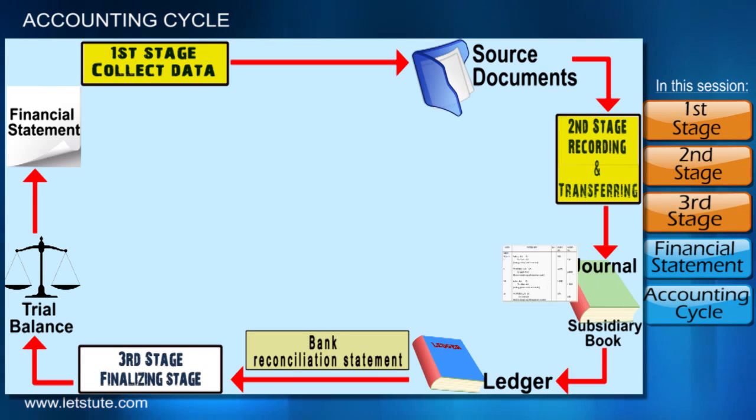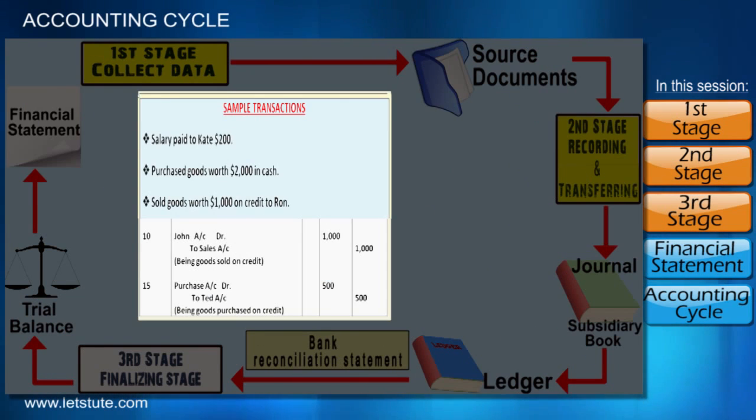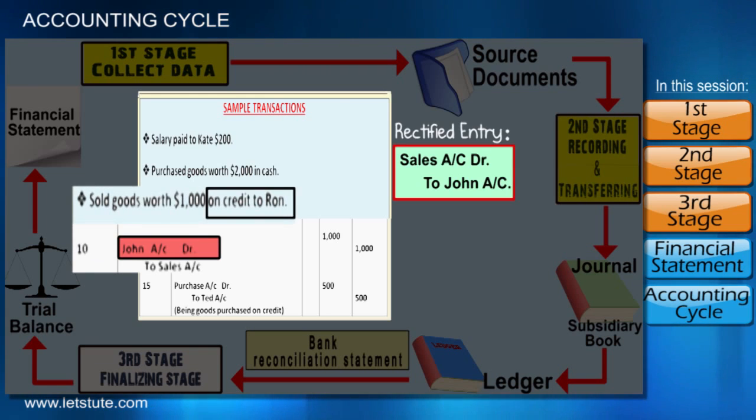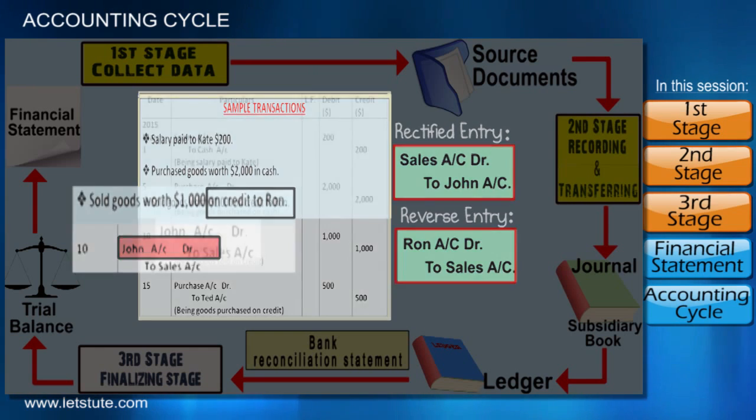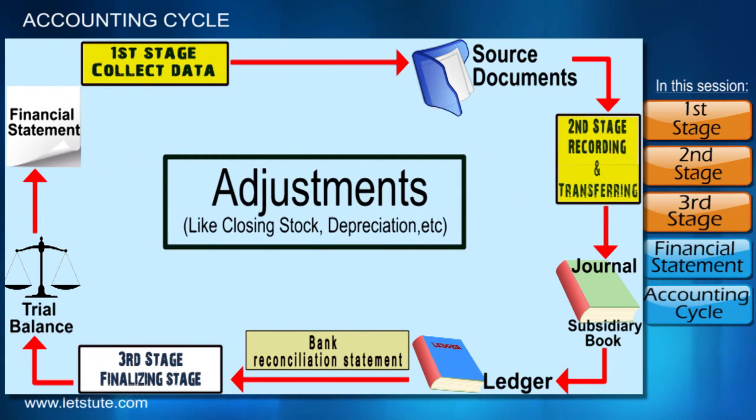So we will go back to all our accounts and check if there are any errors and then rectify them immediately by passing reverse entries to nullify or neutralize the wrong entries. And if certain things are missed out, they are noted as adjustments and adjusted in the trial balance itself or at the end in the financial statements.